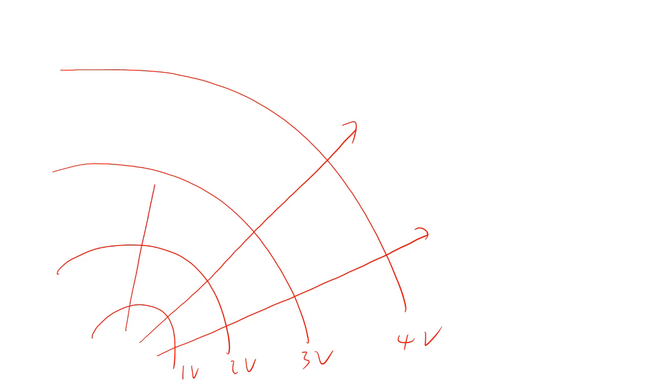For example, if I were to figure out that my equipotentials are like this, 1 volt, 2 volts, 3 volts, 4 volts, and then I say, what does the field look like? Well, the field lines have to always be going perpendicular to the potential.